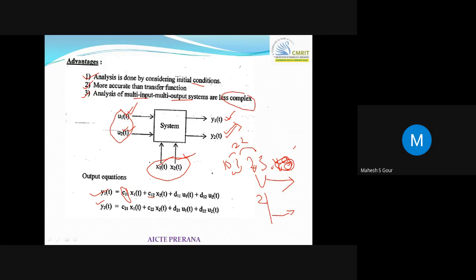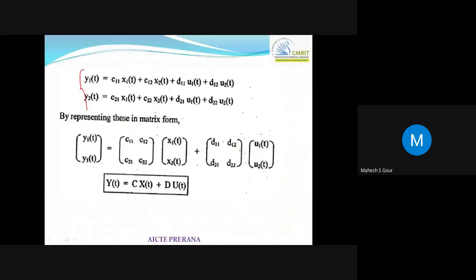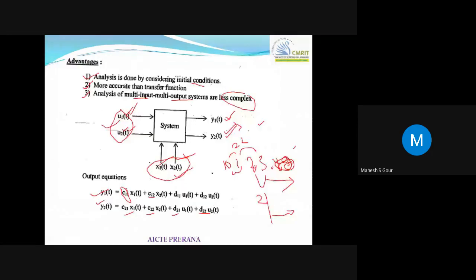Similarly for y2, since it is dependent on the initial conditions as well as your inputs, I'm writing with c21, c22, d21 and d22, right? So I'm writing these things in the form of matrices. This is your y matrix. One more thing: here u1 and u2 are your inputs, multiple inputs, that is 2 inputs, and y1 and y2 are your outputs.